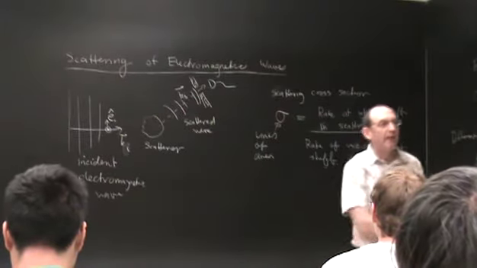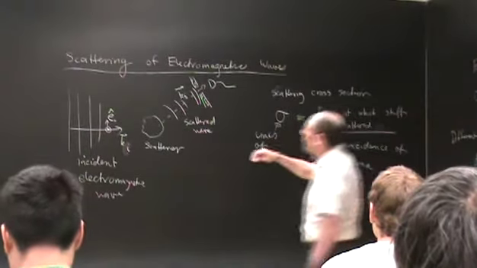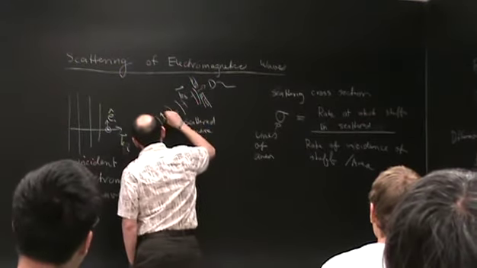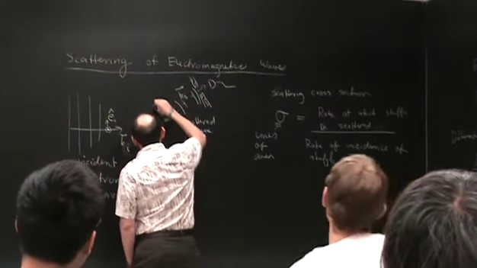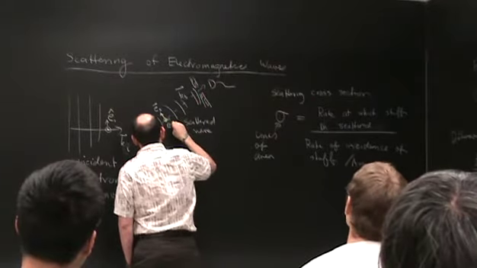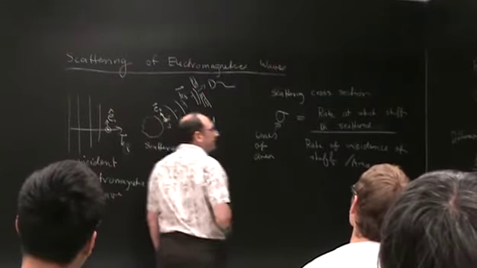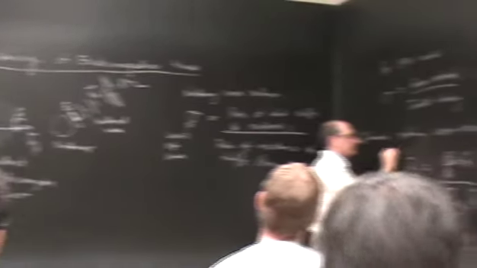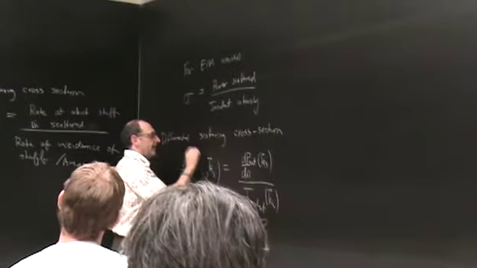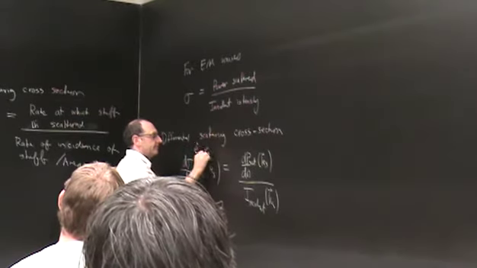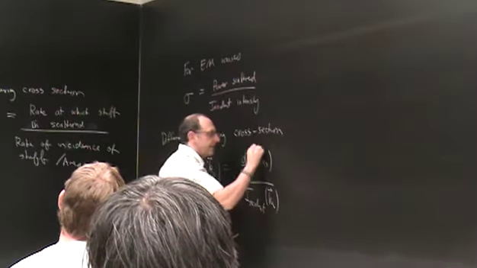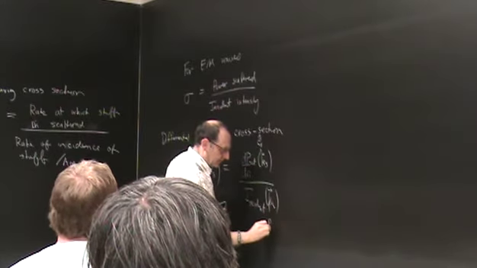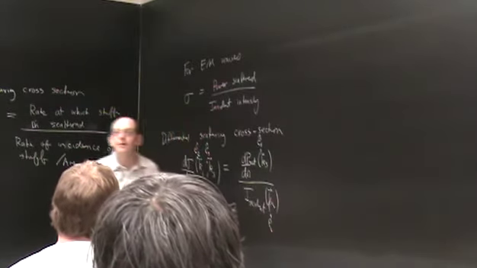We may not care about that polarization state, but for the moment, we'll keep track of it, so there could be scatter in the same plane or perpendicular to that plane. So really, I should stick in here an incident polarization vector and a scattered polarization vector. Okay?